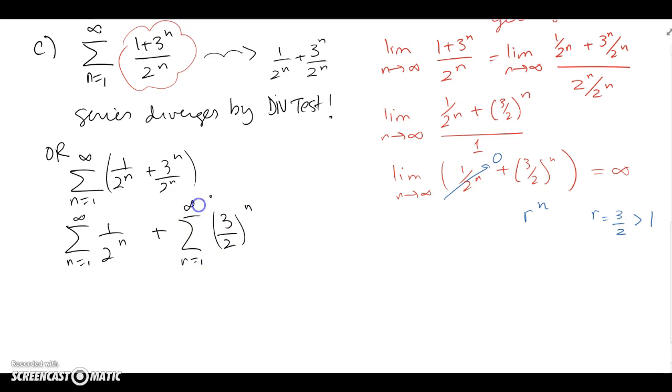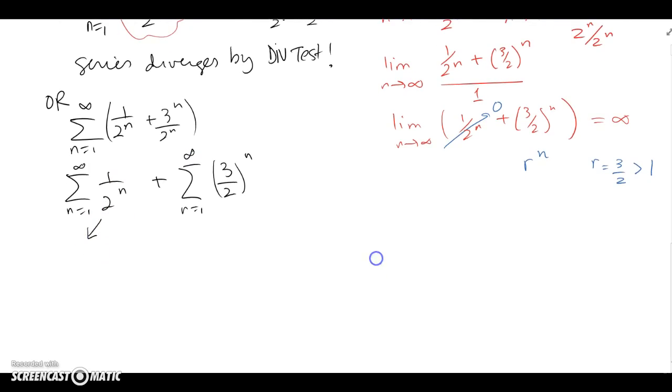So very similar to how we analyzed it before. This, we should know that if we spit out some terms, each time we're multiplying by a half because it's 1 over 2 to the n. So this is going to be a geometric series with r equals a half.